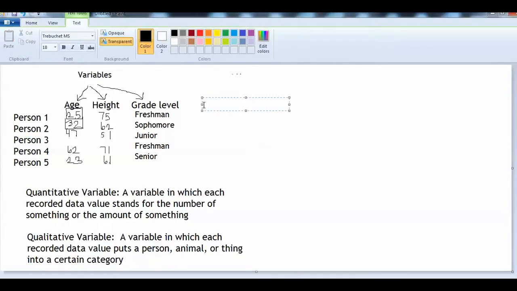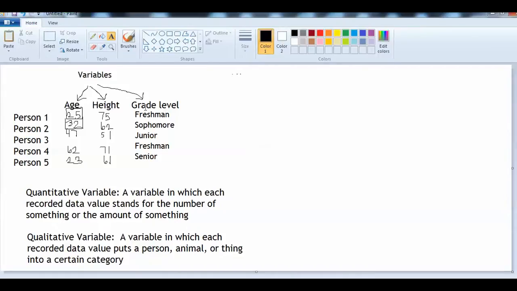What if we were recording grade level? When you think about grade level, each person's data value is actually a category. It's not actually a number of something. So this would actually be qualitative.